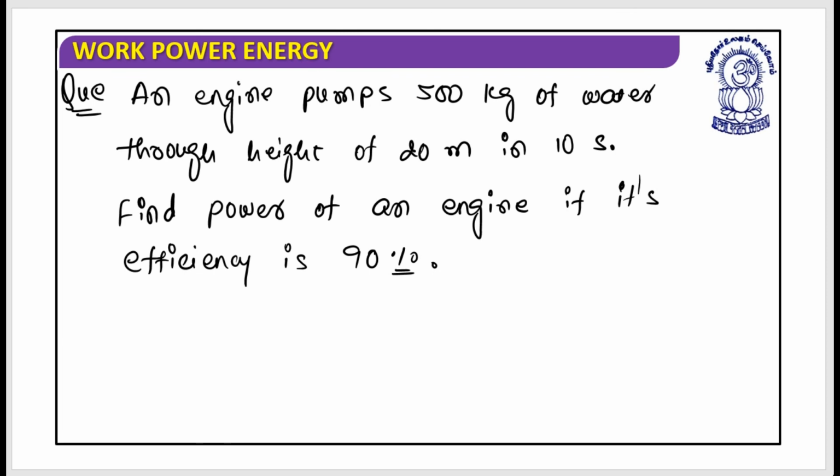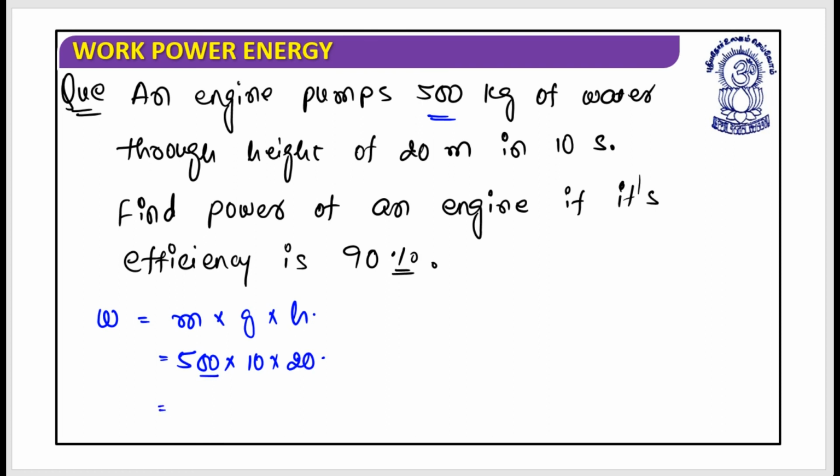So what you need to do is first find the work done by the engine against gravity. Work done against gravity is mgh. The mass it has pumped is 500 kg of water, so it's 500 multiplied by g, which is 10, multiplied by 20.